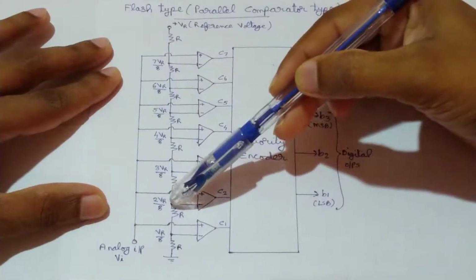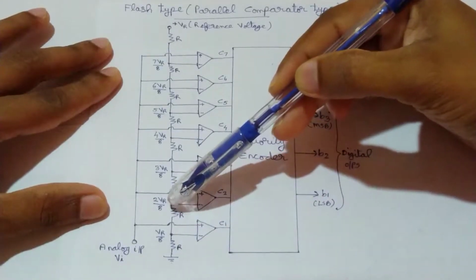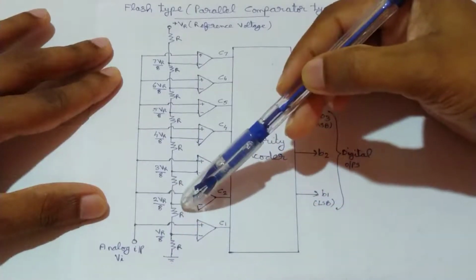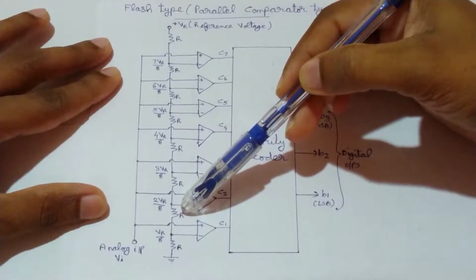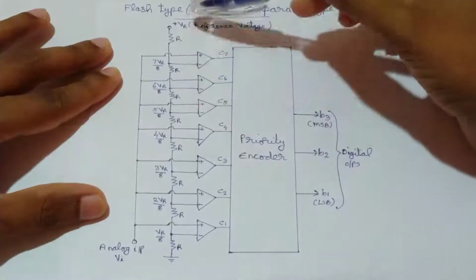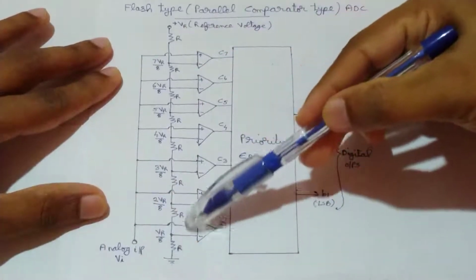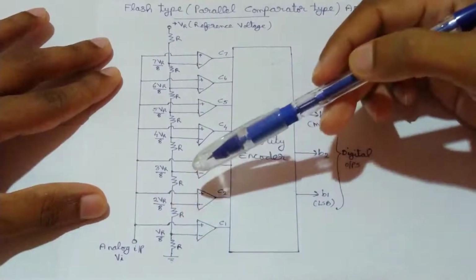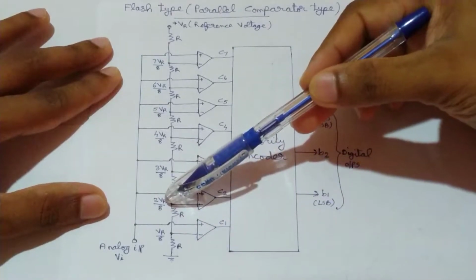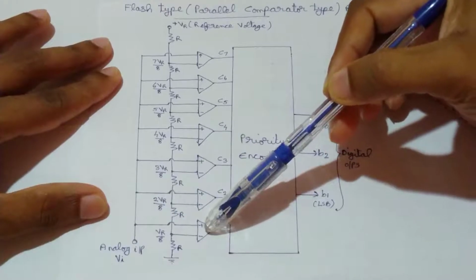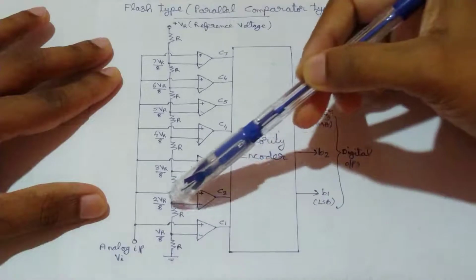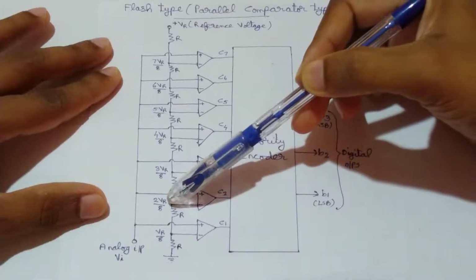So the voltage at this point is the voltage across this 2R resistance. Now what is the voltage across this 2R resistance? By voltage division rule we can calculate it as VR into 2R divided by 8R. So we will get 2 times VR by 8. So for the first comparator the reference voltage is VR by 8. For the second comparator the reference voltage is 2 VR by 8.